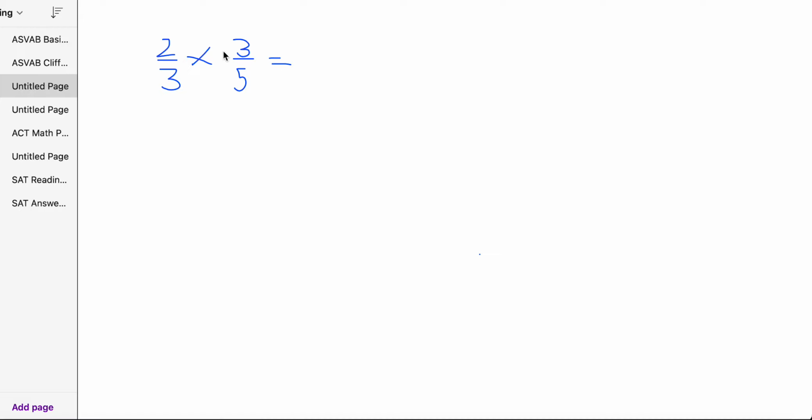We multiply the numerator by the numerator and the denominator by the denominator, and that should give us the correct answer. So in this case, 2 times 3 would be 6, and 3 times 5 would be 15. Fractional multiplications are pretty easy.